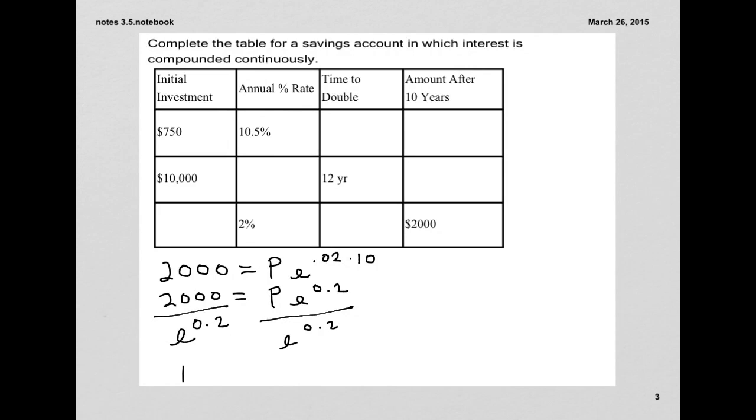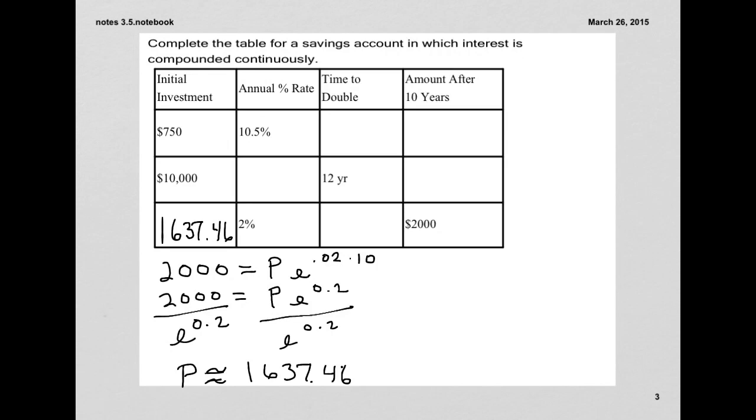Okay, and that tells us that P is going to be equal to approximately, again, $1,637.46. Okay, that gives me my initial investment, $1,637.46.